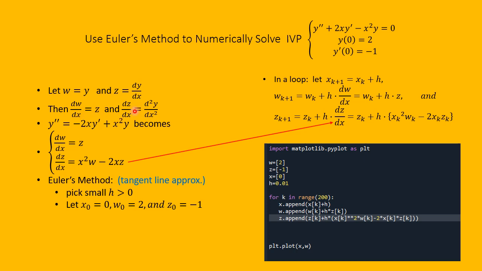But we can also say the following. If I look at the derivative of z with respect to x, what happens, looking up here, if I differentiate z with respect to x? The derivative of z with respect to x is going to be the second derivative of y with respect to x. And that's exactly what we have here. So these two equations come from introducing w and z as we did up here.